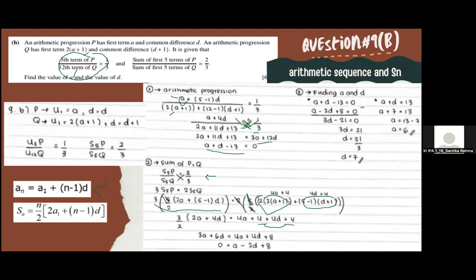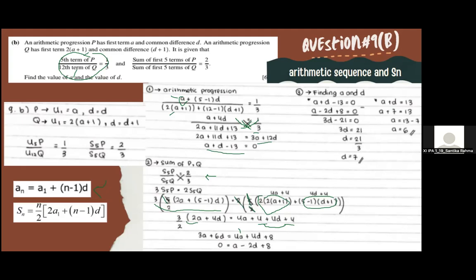And so we get 3a plus 6d, because we multiply 3 over 2 with 2a plus 4d, equals 4a plus 4d plus 8. We move all of the numbers to one side to get a minus 2d plus 8.